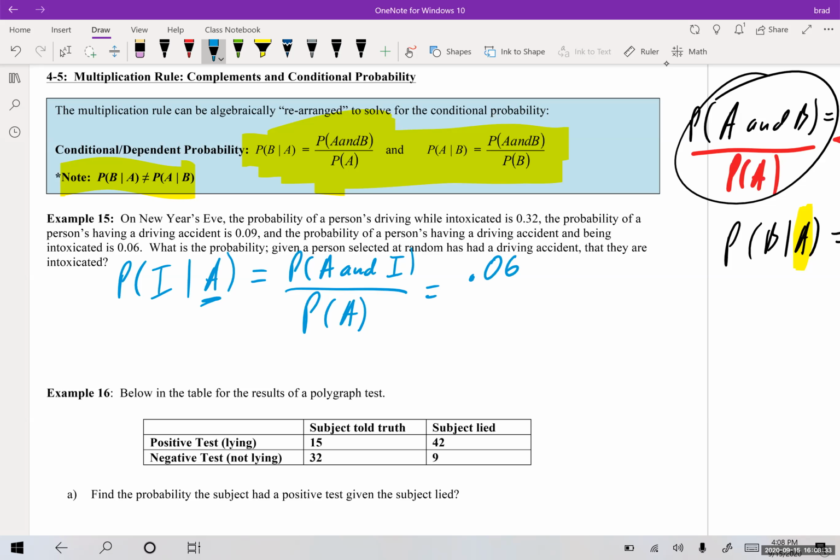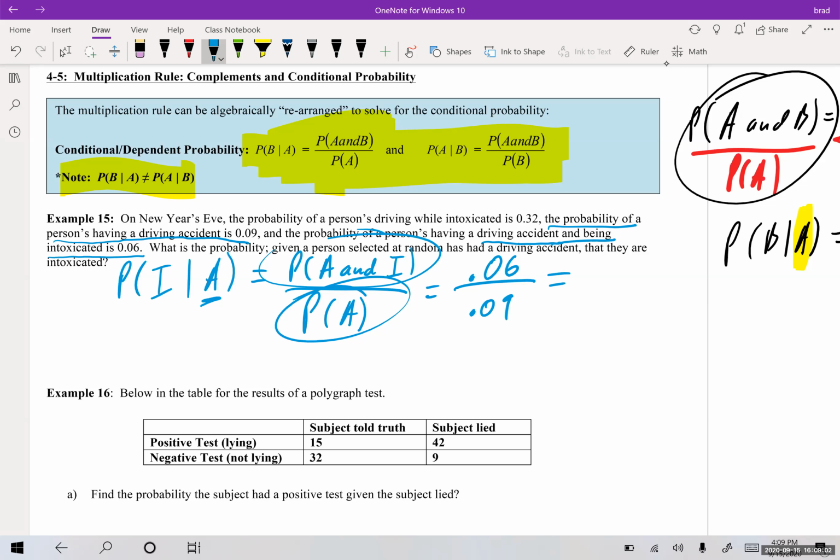So that's this one right here, and I put 0.06 on top. Then the probability that they have an accident is 0.09, so I put that on the bottom. All I'm doing is reading the statement and finding the probability.